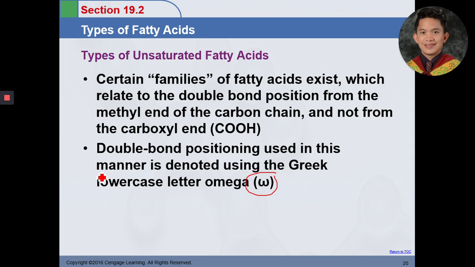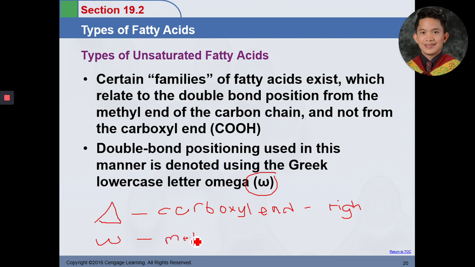lowercase letter omega. So again, delta is for the carboxyl end, or from the right side, whereas omega is for the methyl end, or from the left side.